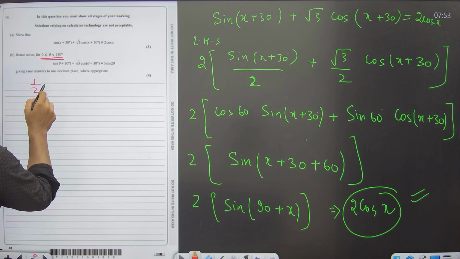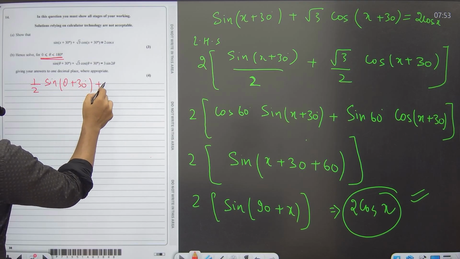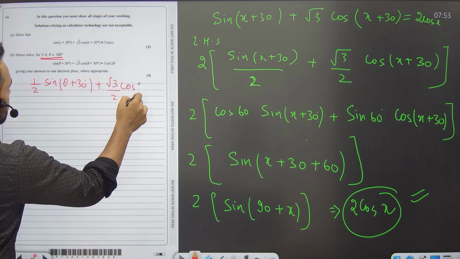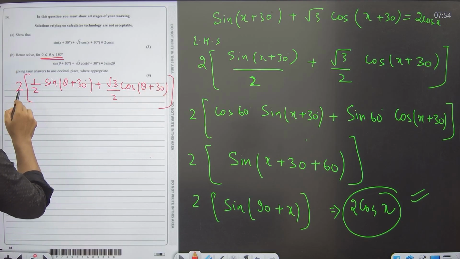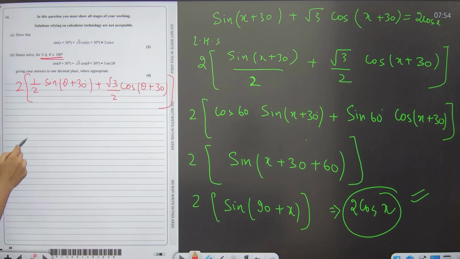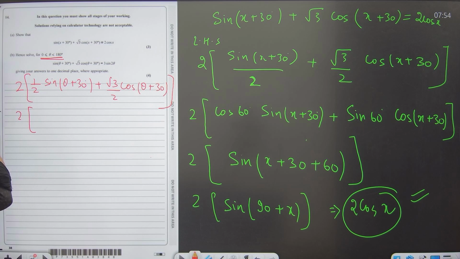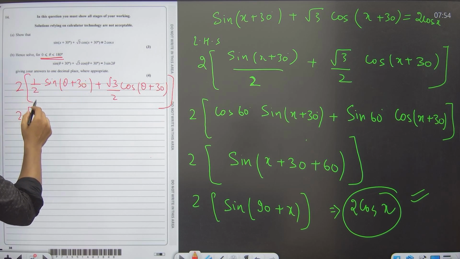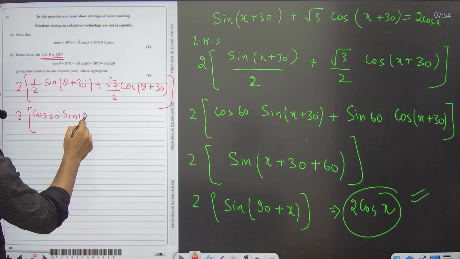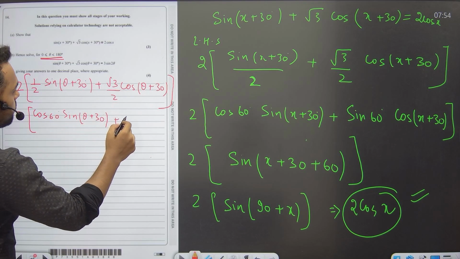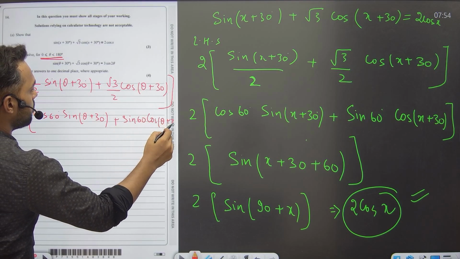Again what we need to do, 1 by 2 sine of theta plus 30 plus root 3 by 2 cos of theta plus 30. We have multiplied and divided by 2 in this equation. Just they have replaced x with theta. 1 by 2 could be written as cos of 60 degrees, and root 3 by 2 could be written as sine of 60 degrees.